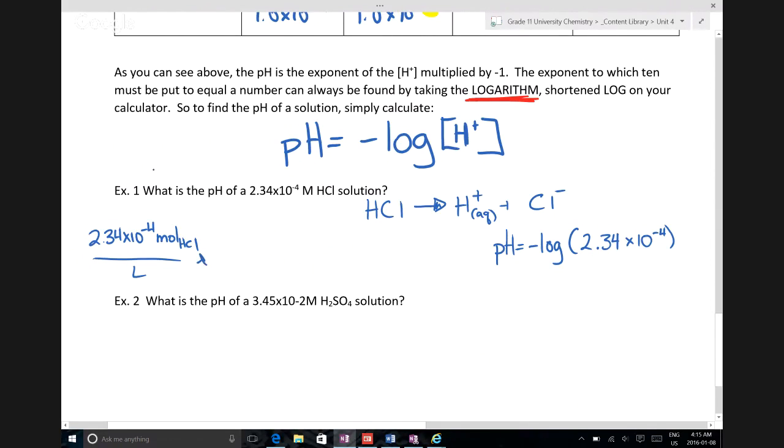And we're just going to say again that we get 1 mole of H plus ions for every mole of HCl. And that equals 2.34 times 10 to the negative 4 moles of H plus per liter.